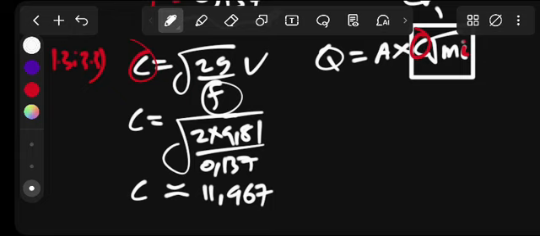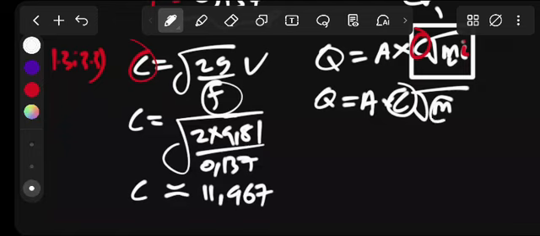All right. We don't have M. Okay, C we have. Remember, here we have Q, A, multiplied by C, which we have just calculated, square root of M. We have to find M. This is what we're looking for. What is M now? M is D over 4, guys. That does not change.